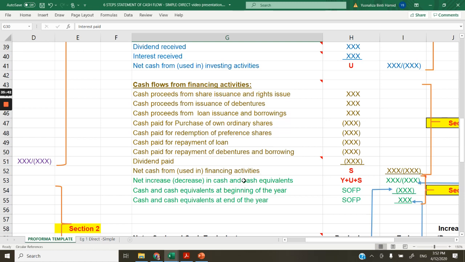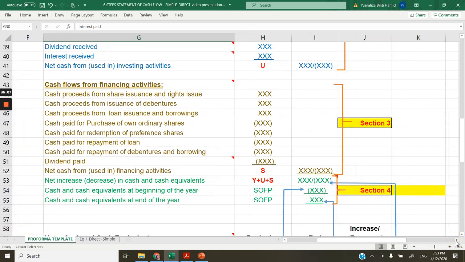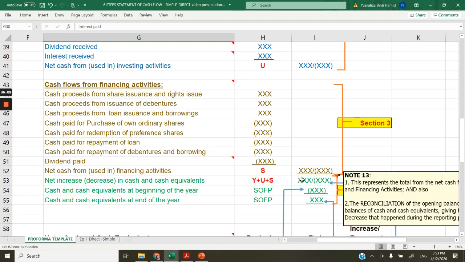And if you total up Y plus U plus S, YUS, that is called either net increase or net decrease in cash and cash equivalents. So if it's a negative figure, that is a net decrease.